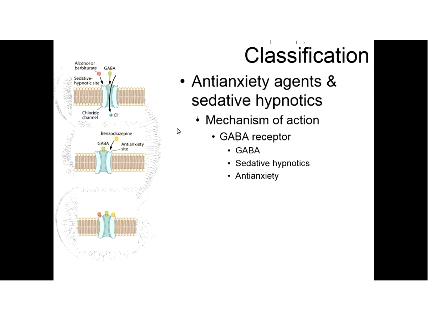So what is their mechanism of action? And this is really important. What we see is that these anti-anxiety agents and sedative hypnotics are functioning through the GABAergic neurotransmitter system. GABA is a major inhibitory neurotransmitter in the central nervous system. So you have a GABA receptor associated with a channel, and once this channel opens up, chloride flows in.